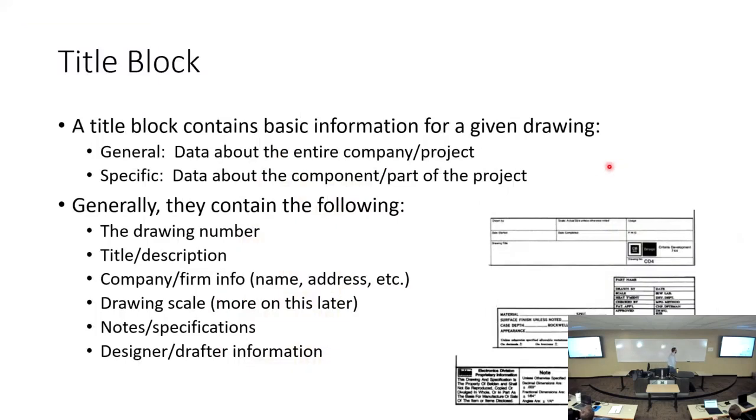Okay. So let's talk about the title block. And so every engineering drawing is going to contain some degree of a title block. And the title block typically contains two sets of information. The way I describe that is it contains general information and specific information. So the general information would be the data about the company, the data about the project, right?